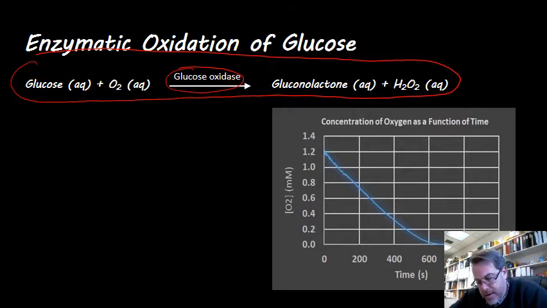And what she was doing was measuring the concentration of oxygen as a function of time. And if you look at the graph, you'll see that there's essentially a linear decay, right? So this is zero order kinetics, and this slope is equal to k.